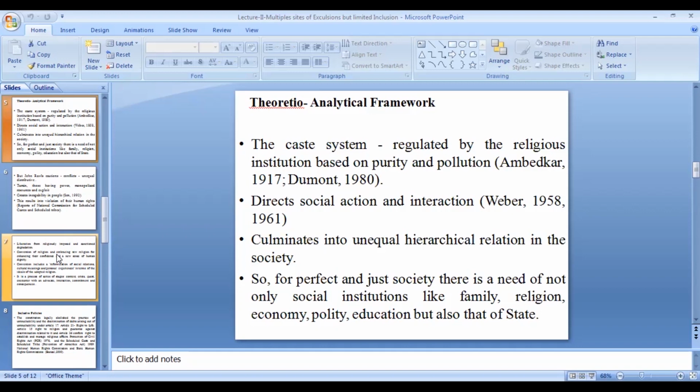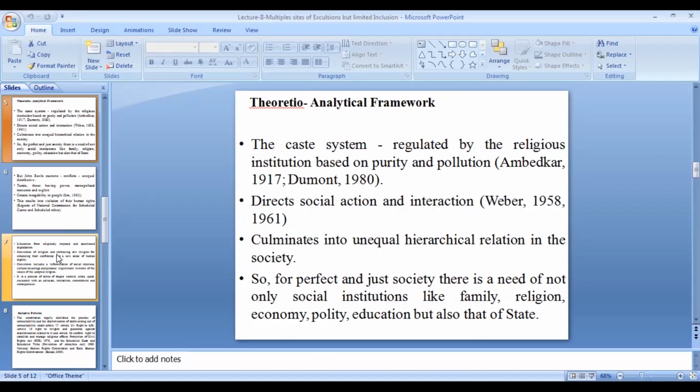For example, as I'm a sociologist, I would like to bring in those things to contextualize why we are looking into the issue of social institutions or social processes and trying to measure the impact of social exclusion or the change which is happening in the society. What kind of change, cyclic or linear change? Will that social exclusion happen again in a cyclic manner, or is it going to be a linear one, which is going to wither away after some kind of inclusive policy, and so on and so forth? So here I'm trying to make a theoretical analytical framework for your better understanding.